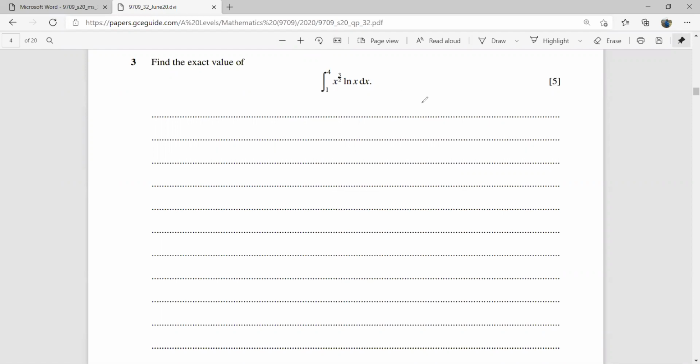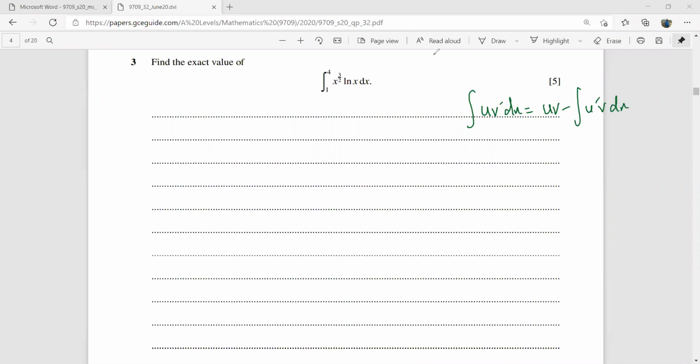You need to look at the formula given in the formula sheet, or if you want to remember my version of this formula: if you have to integrate u v dash, this is going to be u v minus the integral of u dash v dx. u is the one that you will be differentiating, and v dash is the one that you will be integrating.